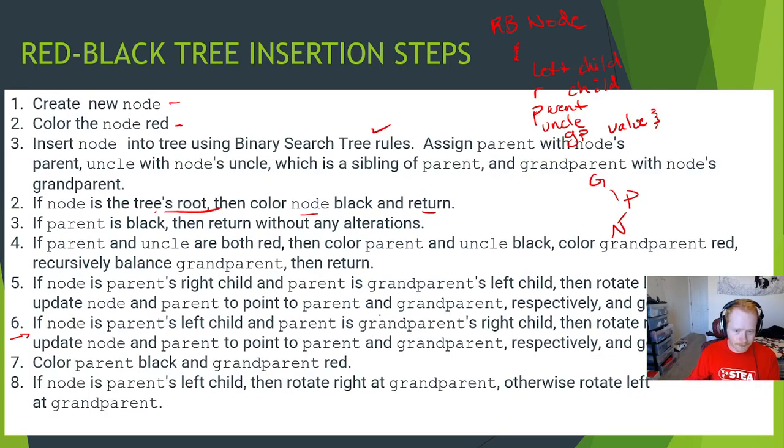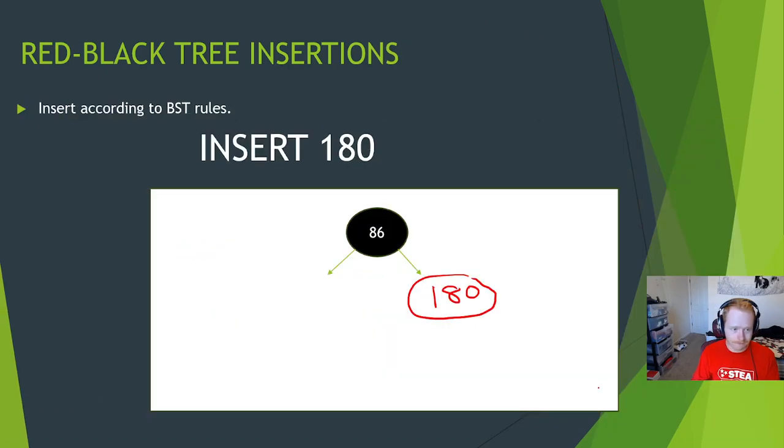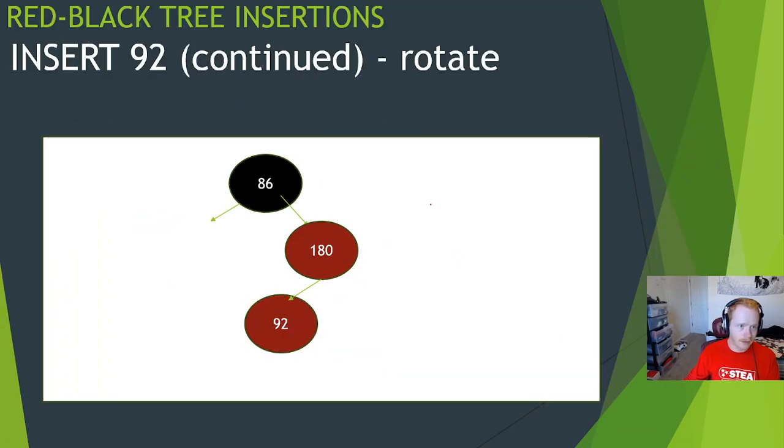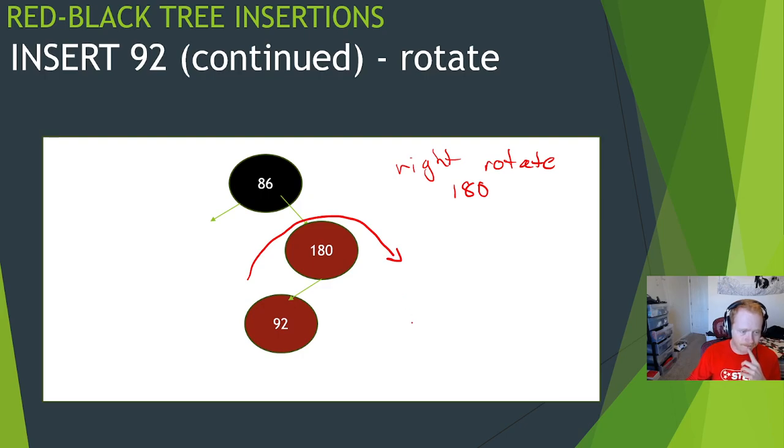So we have to rotate right at parent, update node and parent to point to parent, and go to step 7. So we do a right rotate on 180. So we hit them with one of these.